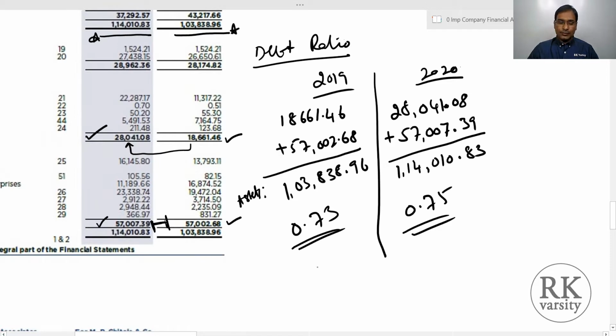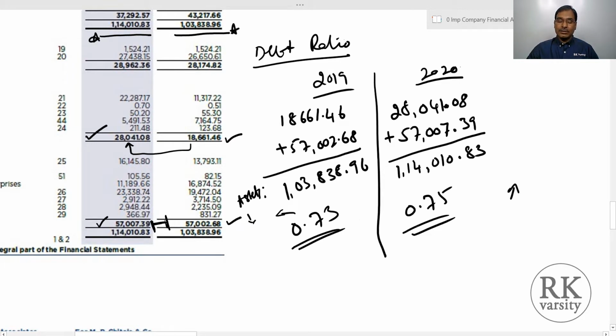ratio is very high. That means 75% of the assets of this company has been funded through the debt component in the year 2019, and 75% of the assets has been funded through debt in 2020. And also we can see that there is an increase in the debt ratio.